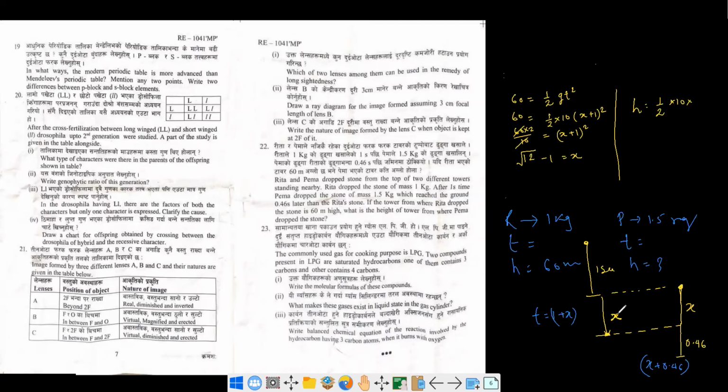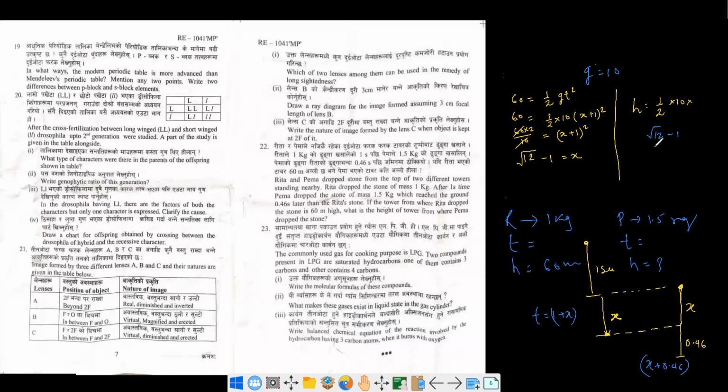We got the value of x, so the total time of flight for when they traveled together is this. To find the total height, we know the other information. s equals 1/2 g t squared, and we took g equal to 10. Time is x plus 0.46, where x is root 12 minus 1.